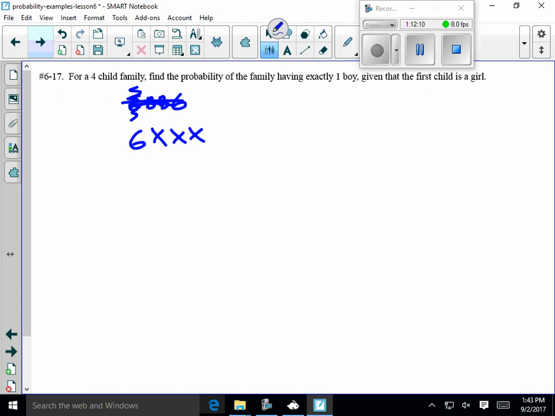Okay, so maybe I could think of this as equally likely. Presumably, it's equally likely to have boys and girls, so every possible grouping of boys and girls is equally likely. We could treat this as an equally likely case. We're finding the probability of having exactly 1 boy, right? So the sample space would be the number of ways to choose the 4 children.